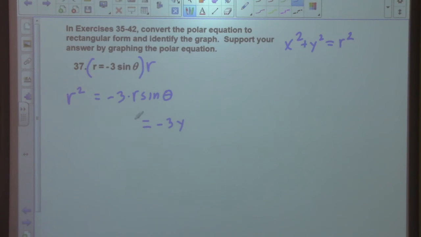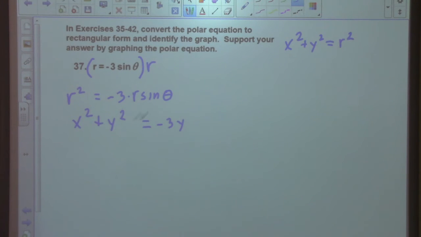Now on the left side, what can we replace in terms of x and y? We have this equation here, right? So we can put x squared plus y squared replacing r squared. So now we have that in terms of x and y.